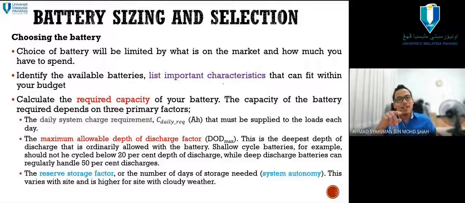If we don't consider the panel size with the energy demand that we want to use, your battery will not be fully charged even for a year. The battery will never get a full charge, because the panel voltage itself is not able to charge.